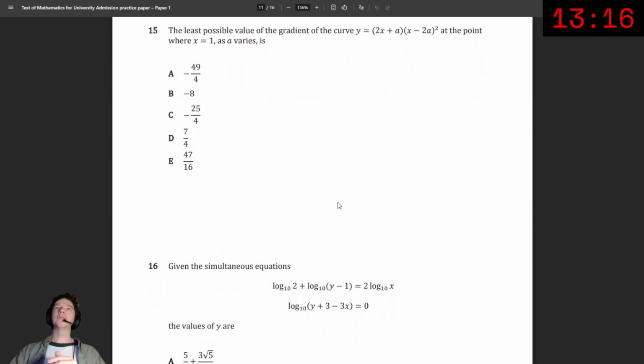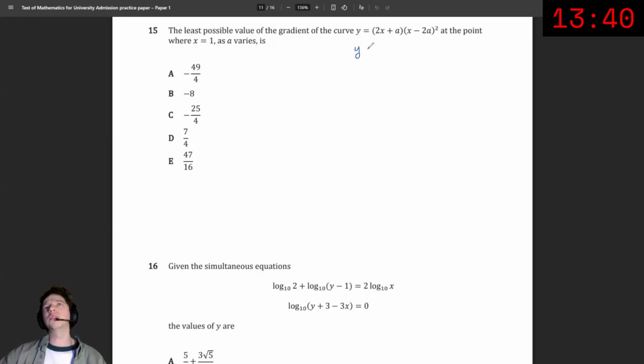Some cubic. And we want the least possible value of the gradient at x equals 1, so the least possible value of f prime of 1 as a varies. All right, well, fine. It's probably going to be a quadratic, so complete the square. This is probably going to be a little bit easier.